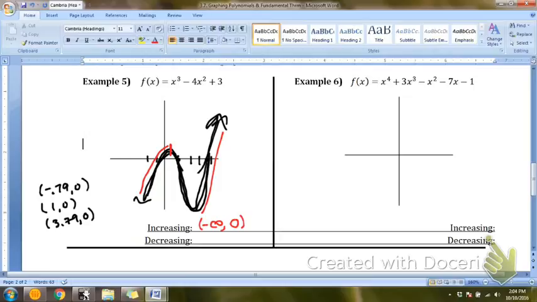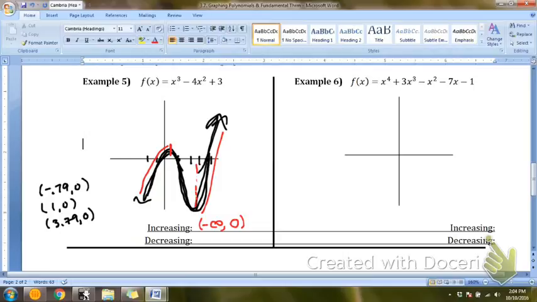And then we started increasing again approximately, on my graph that I drew, it looks to be about 2.5. What about your graph? I just put 2. Okay?